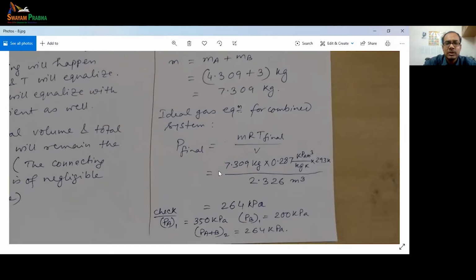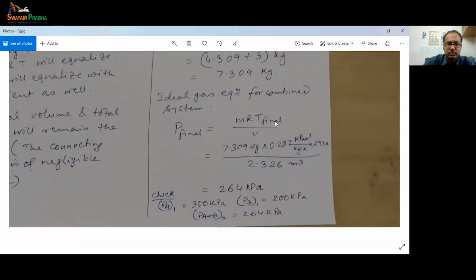What we don't know is the final pressure, and that's the one that we want to find out. Okay, so just use the ideal gas law again with the total mass and total volume. The gas constant will stay the same, and we can find that final pressure will be 264 kPa.